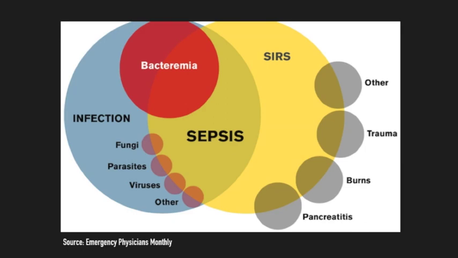However, it's still important to be cautious of these conditions: trauma, burns, and pancreatitis, because they can lead to sepsis later, mainly because of tissue necrosis. But once again, SIRS can be a normal response, and it doesn't always mean the patient is septic.